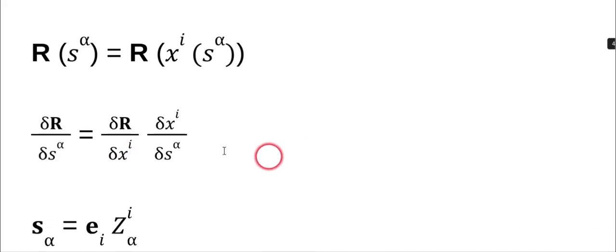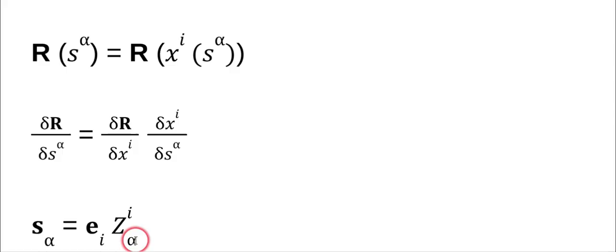Okay, so this we call the covariant basis vector S_alpha, and this we call the covariant basis vector E_i, and they are related via this new thing, the partial derivative of an ambient coordinate with respect to a surface coordinate. This is called the shift tensor, and it has two indexes. It has an ambient index and a surface index, right? So you can see the only free index here is alpha.